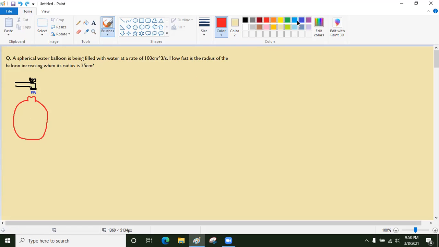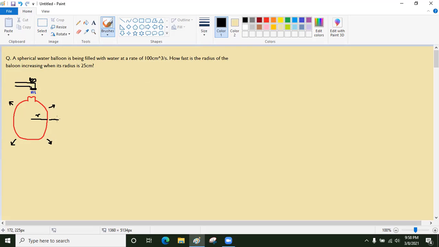And that radius, let me just go ahead and change the color here. Actually, I don't think blue is a good idea. Let's just go back to black. So this particular radius here, we can call it R. And as more water pours into this balloon, the balloon itself expands in all directions as a normal balloon would, in the process of which the radius too expands, in proportion with the balloon expanding.